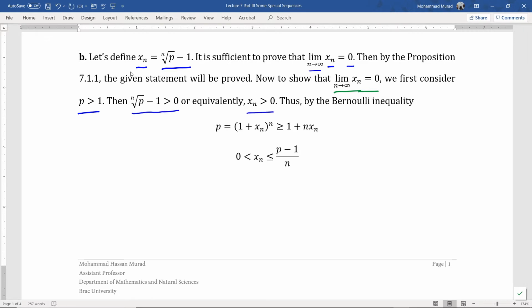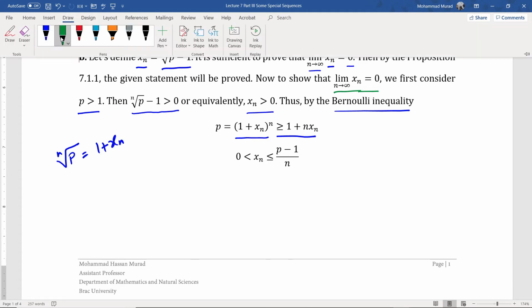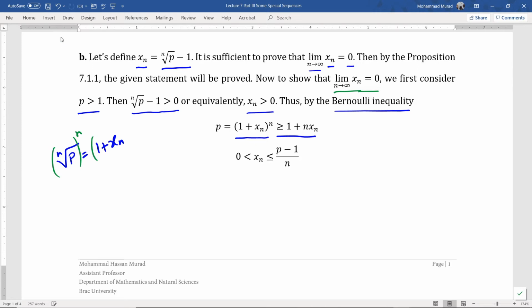Thus, by the Bernoulli inequality, we have p equals the nth power of 1 plus x sub n, which is larger than or equal to 1 plus n x sub n. Here we applied the Bernoulli inequality. The first equality came from taking the nth power of the quantity.